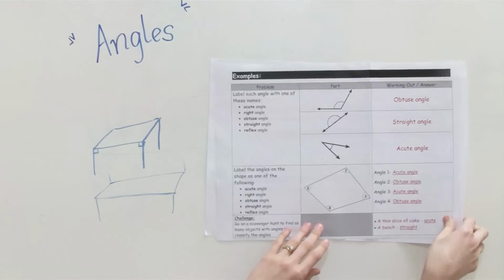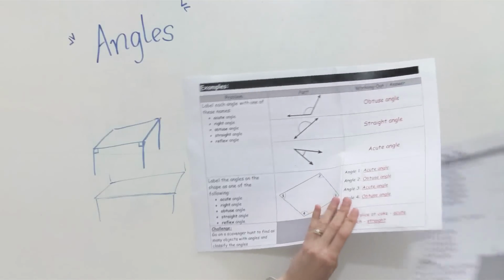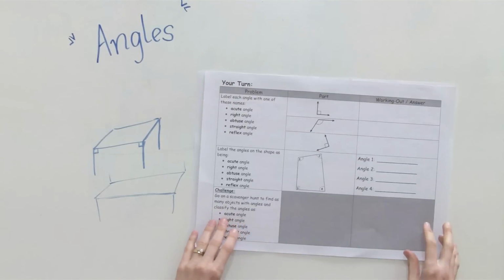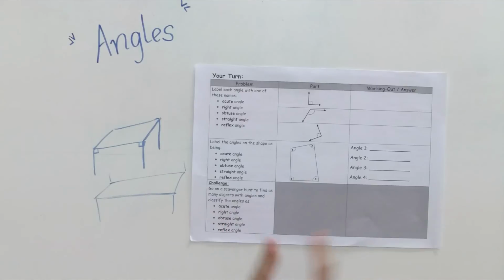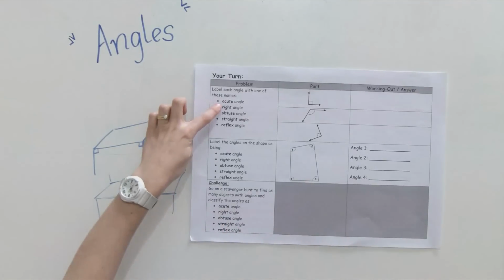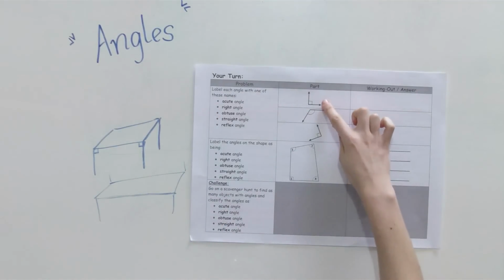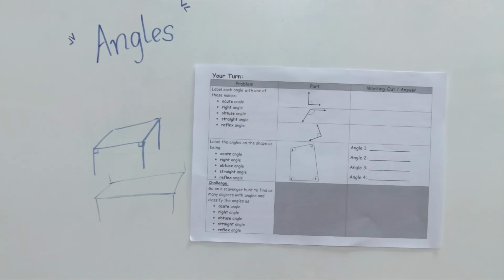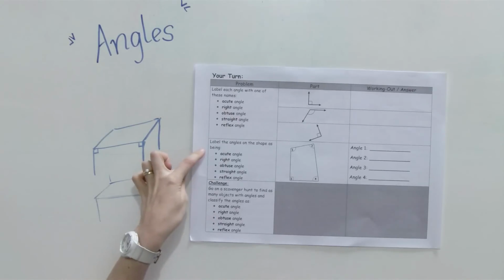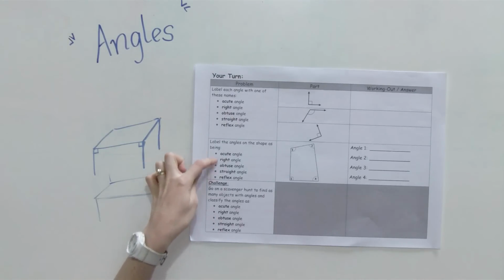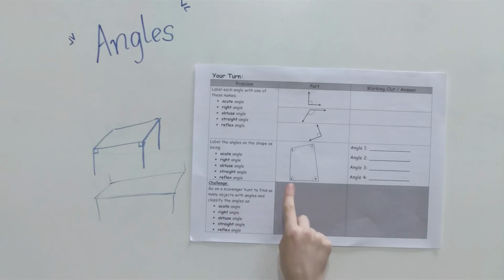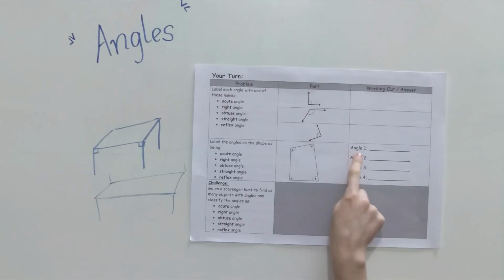Alright, so just moving on to the questions that you have on your homework sheet. Label each angle with one of the following names here. So we've got this one, and this one. Label the angles on the shape as being one of these angles again. You've got a shape on your homework sheet just like this. You have to label angle 1, what is it?